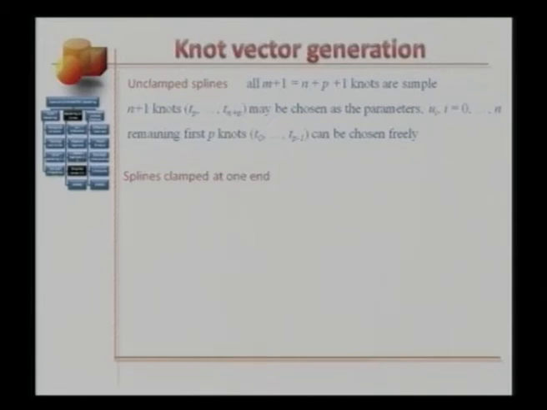The next case is of splines clamped at one end. Well, we have seen before that the knot corresponding to that end must be repeated at least p minus 1 times. Can you guess why this is so? Once again, you will have to use the local barycentricity property for this.